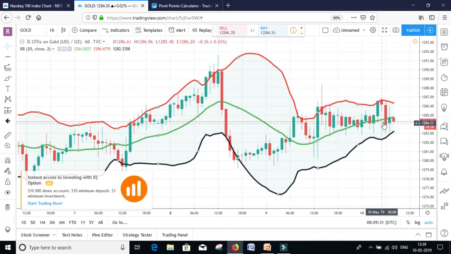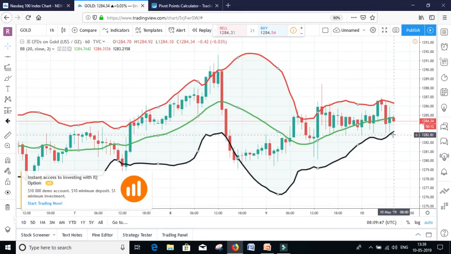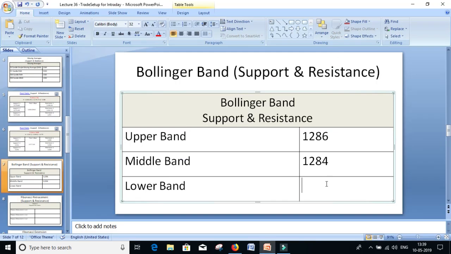Then the upper band price is 1286, shown in red color, and 1283 as the lower band as a support. So all three bands are considered to be support and resistances.